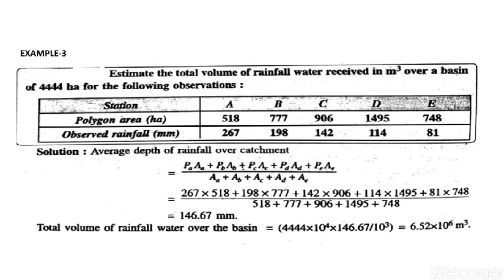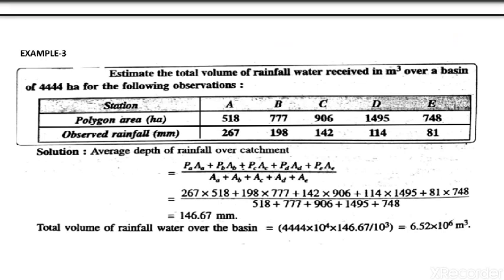Next, my third example is also based on the Thiessen polygon method. In this question, it is asked to estimate the total volume of rainfall water received in cubic meters. Note that we have to find the total rainfall volume, not the rainfall depth.